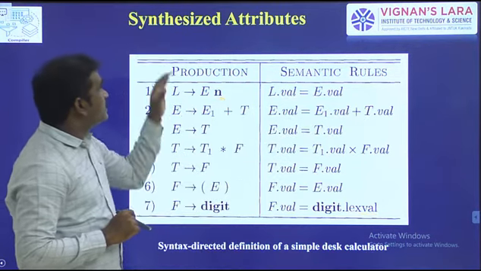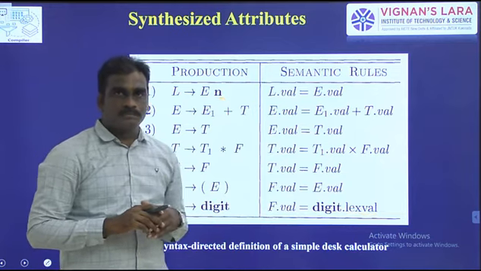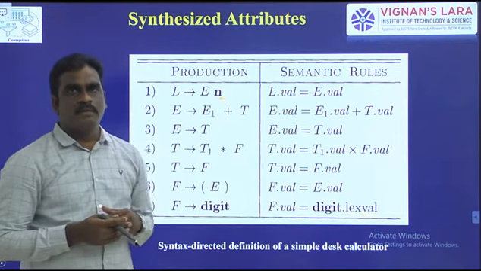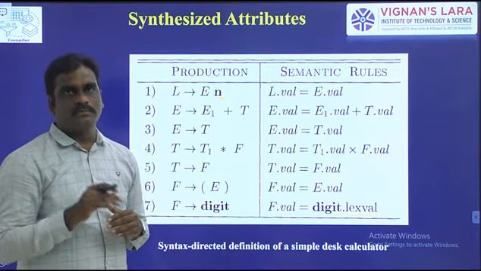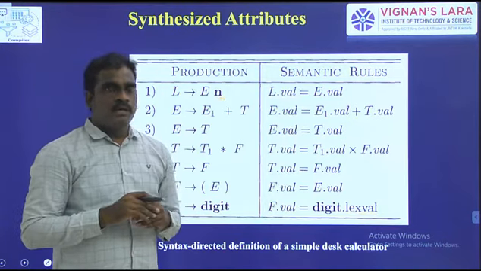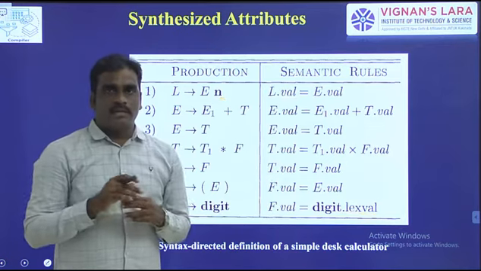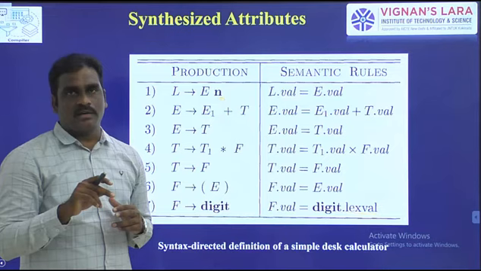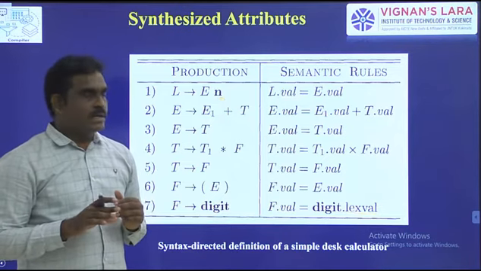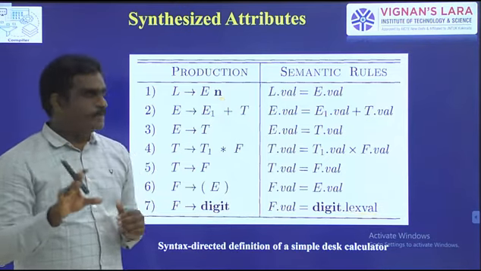And one more thing: synthesized means we are concentrating on how to construct a tree. If you take node n, synthesized means we are concentrating on only 2 points: n itself and the children of n.